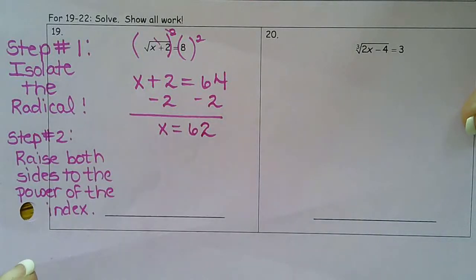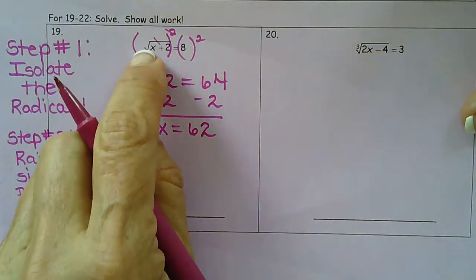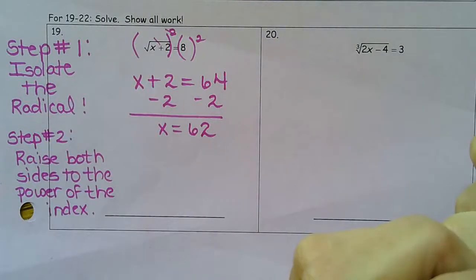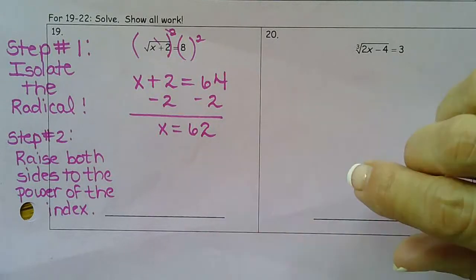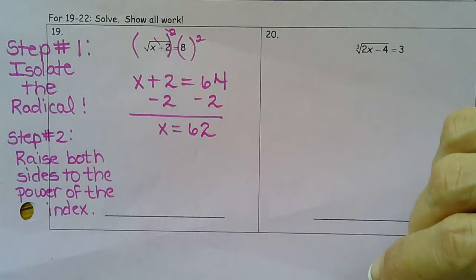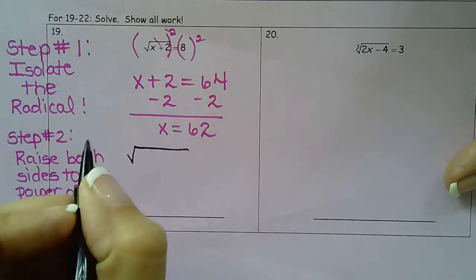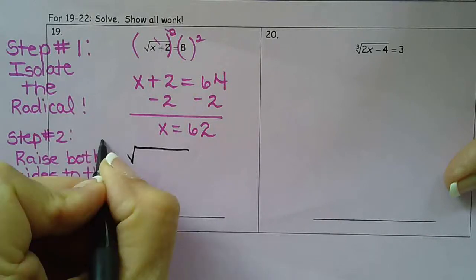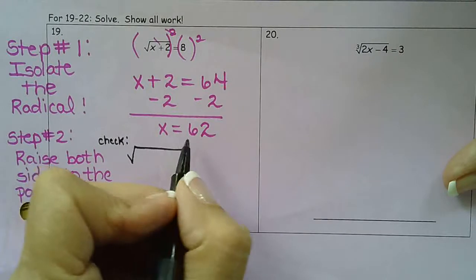Done? No, we are not. Remember, every even index must be checked. Reason? Even indices pick up extraneous solutions. So we have to check and make sure that solution is valid before we put it in solution sets. So let's just write check here. And we're going to put 62 right up there where x is.